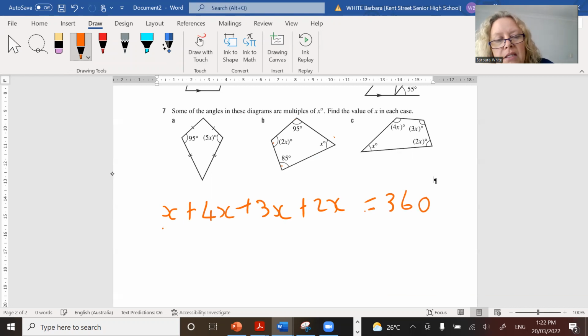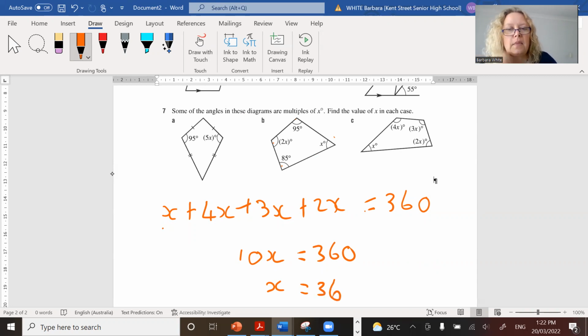I've got 1 plus another 4, that's 5, 6, 7, 8, 9, 10. 10 x's are 360. What are there 10 of in 360? Oh, that's 10 36s. So x equals 36. Okay, I'll be impressed if you can do those. That's the end. Do your work.